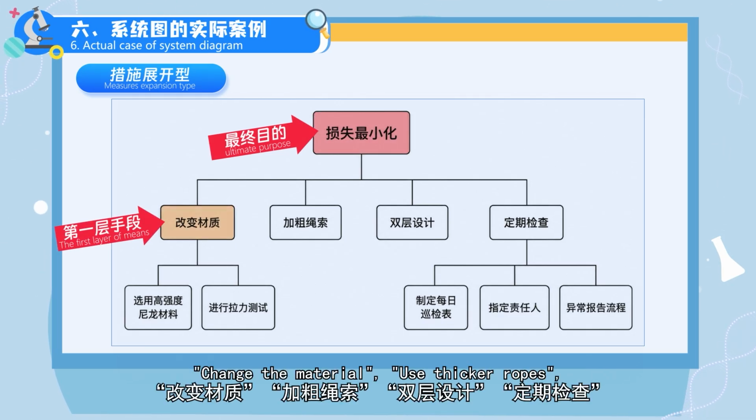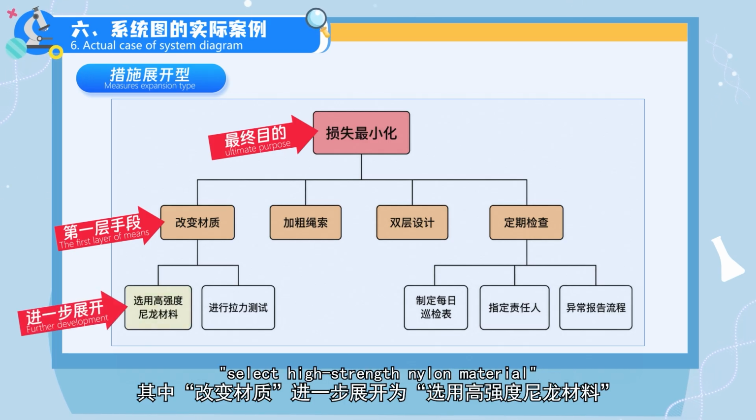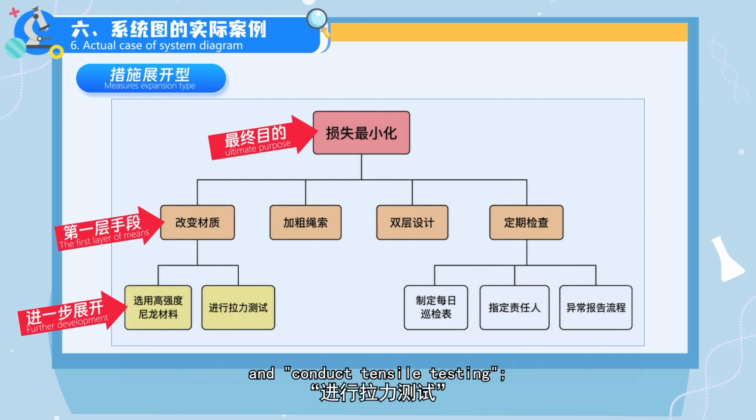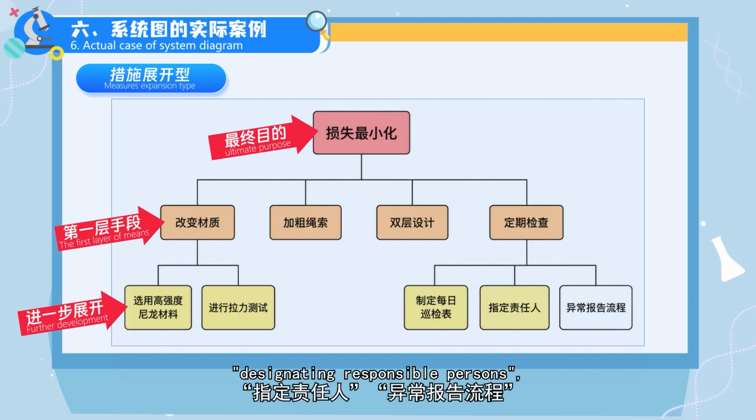Change the material, use thicker ropes, double layer design, regular inspection. Change the material is further elaborated as select high-strength nylon material and conduct tensile testing. Regular inspection is expanded into creating a daily inspection checklist, designating responsible persons, and abnormality reporting procedures.